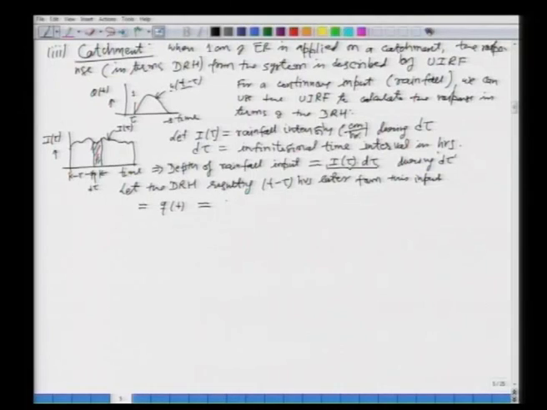Okay. So, it will be equal to what? I tau d tau. Okay. So, this is the amount of rainfall multiplied by your u t minus tau. All right. This, let us say, is given to us. All right. This is your unit impulse response function.